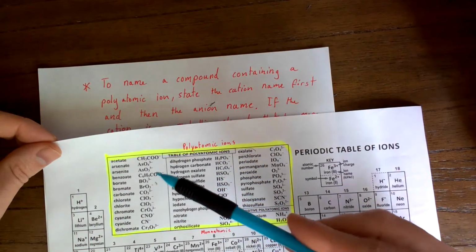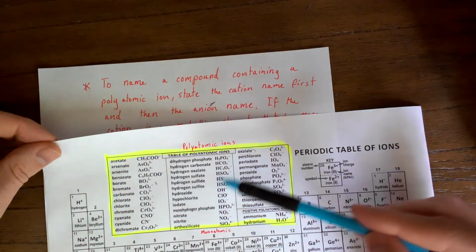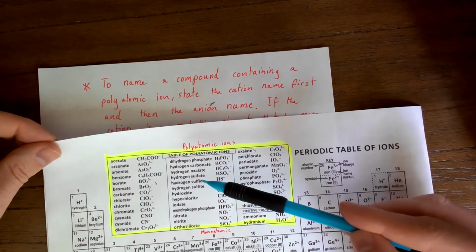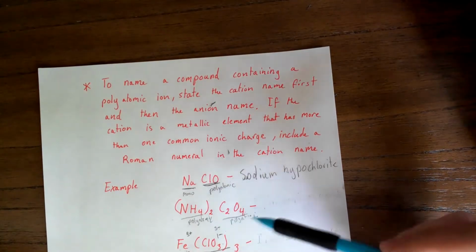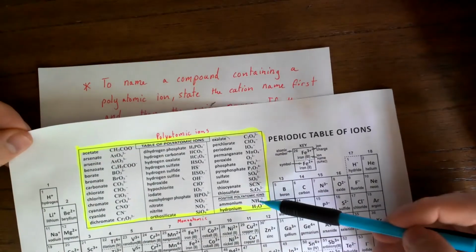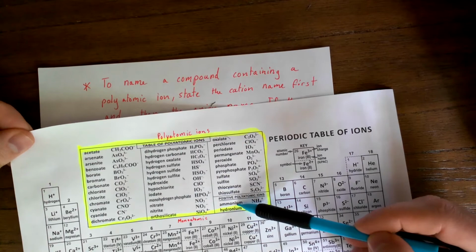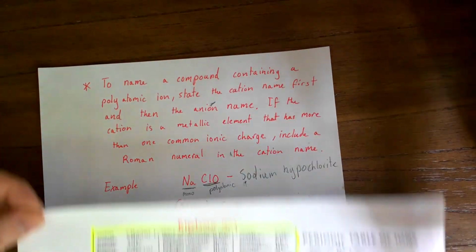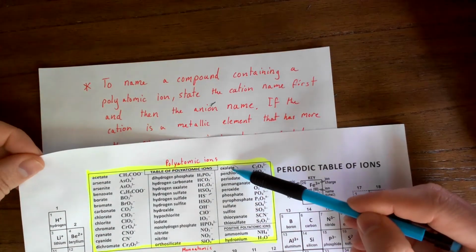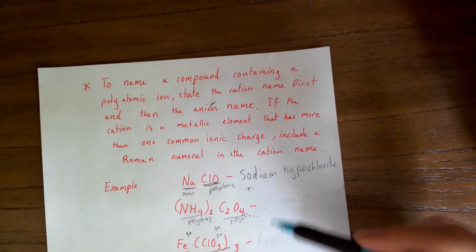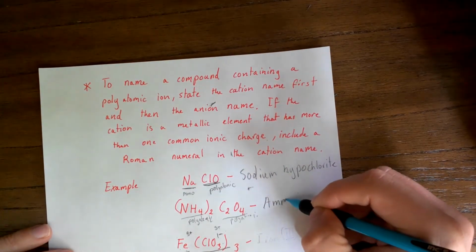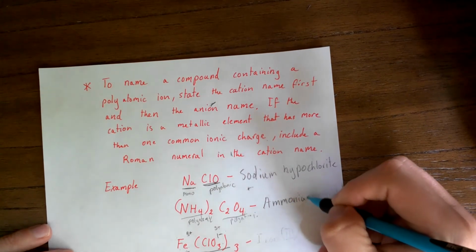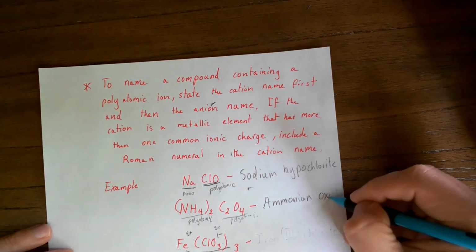All the rest of these are polyatomic anions, negatively charged polyatomic ions. So let's find NH4 and C2O4. NH4 is ammonium, and C2O4 is oxalate. So the name of this will be ammonium oxalate.